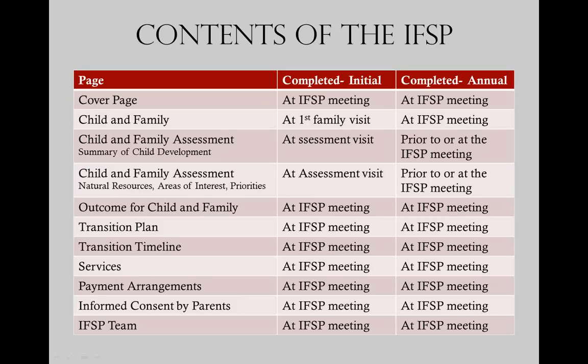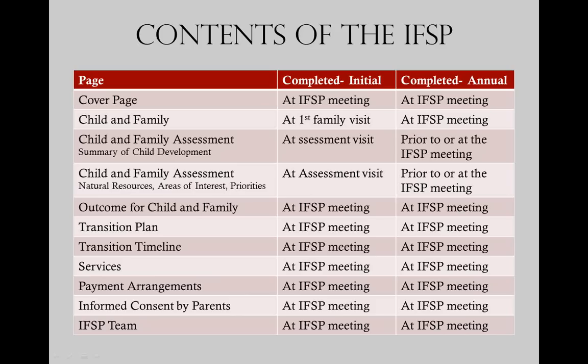The team should discuss who will facilitate the meeting and who will help write on the pages during the meeting with the family. A complete IFSP from the cover page through the team page is compiled at the initial IFSP meeting and at the annual IFSP meeting.